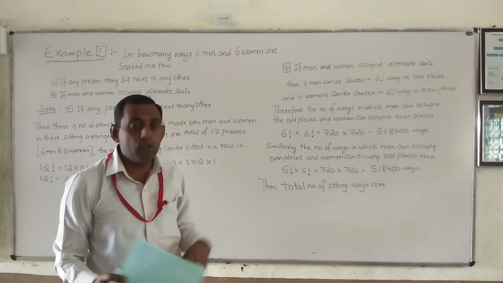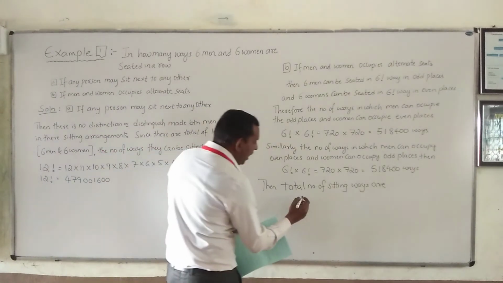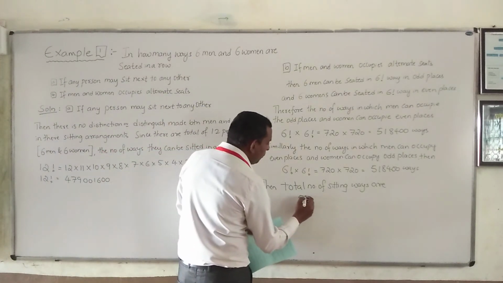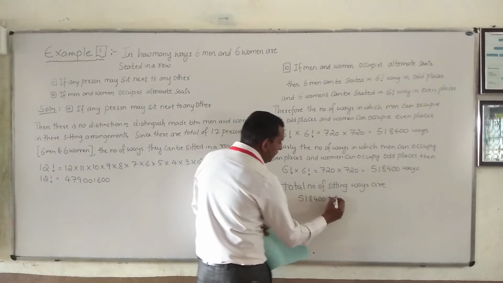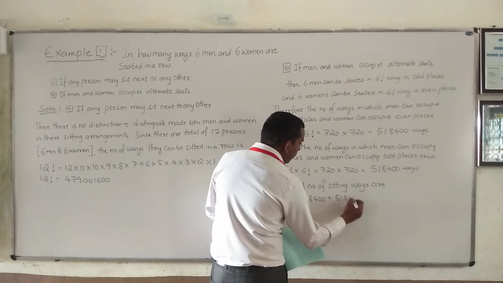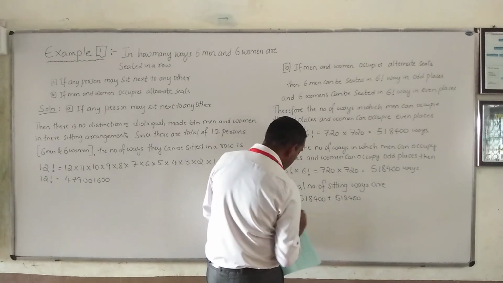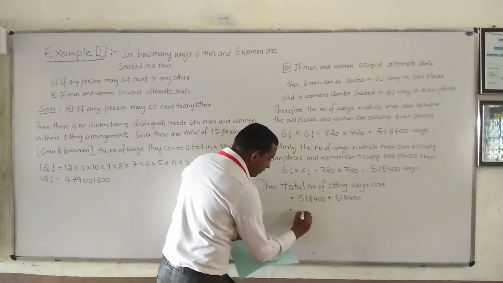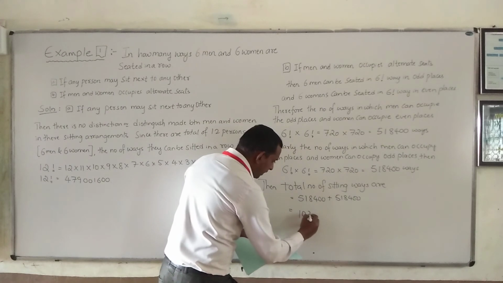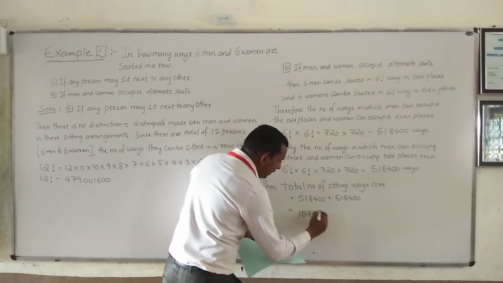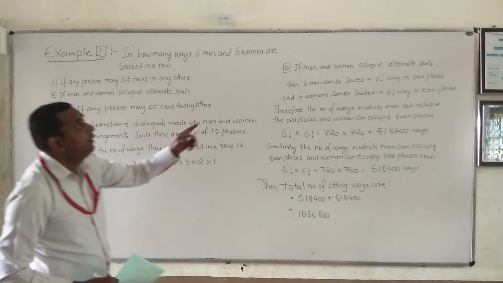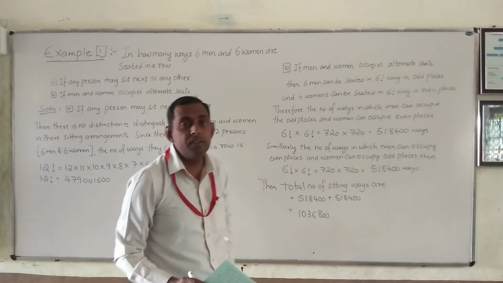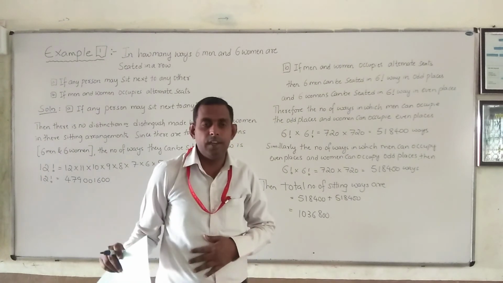So both we need to calculate here. So it is 518,400 plus 518,400. Fine. Then the total is 1,036,800 sitting arrangements can be made if men and women occupy the alternate seats.